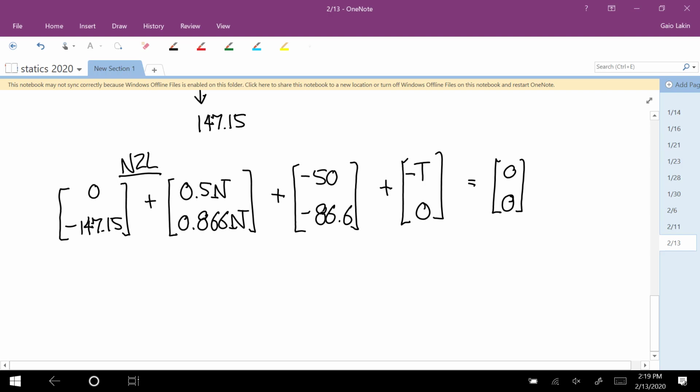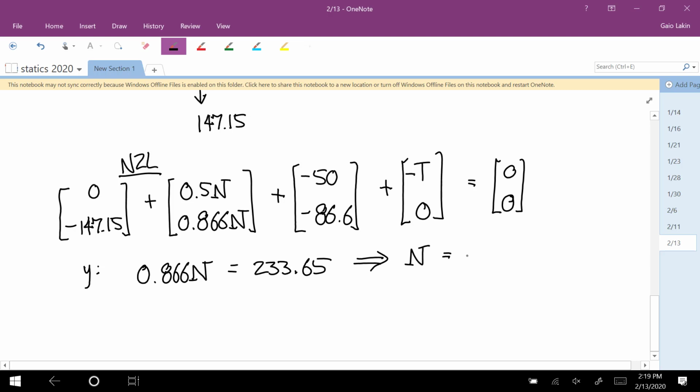And you can use the y equation here. It says 0.866 n is equal to 147.15 plus 86.6, 233.65. And then solve for n.